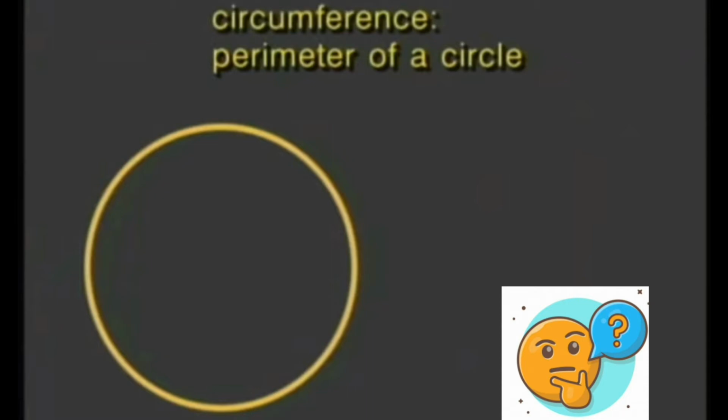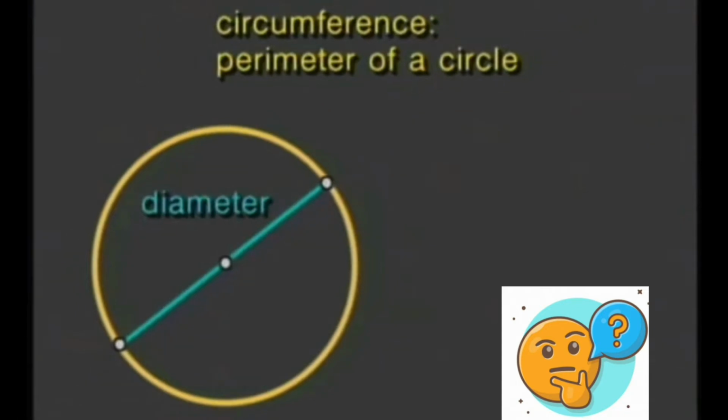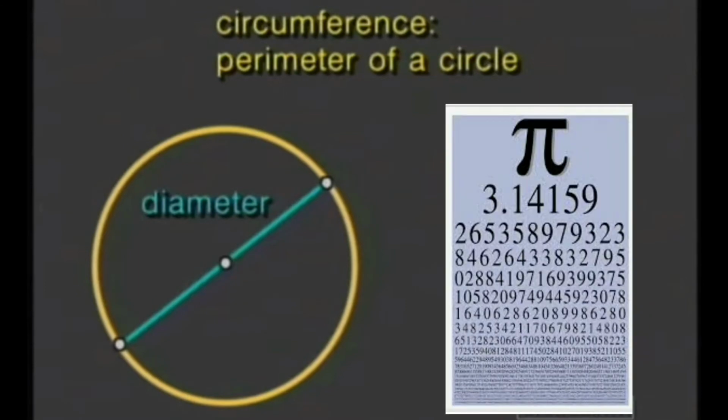To find the circumference of a circle, we need to know the diameter of the circle. Once you know the diameter, you can find the circumference by multiplying the diameter by pi. Now you must be thinking, what is pi? The key to finding the circumference of a circle is a special number called pi.